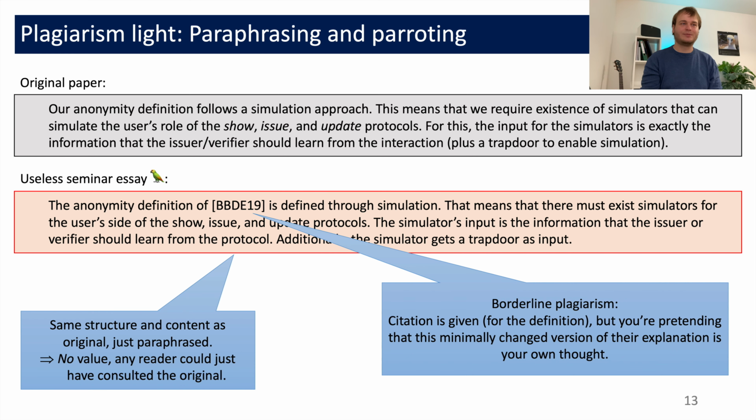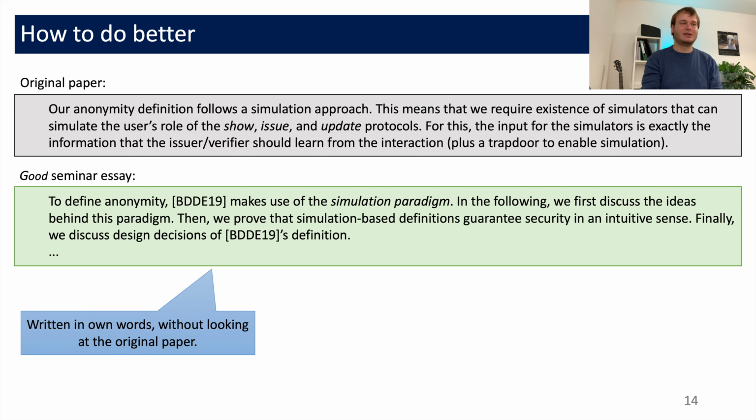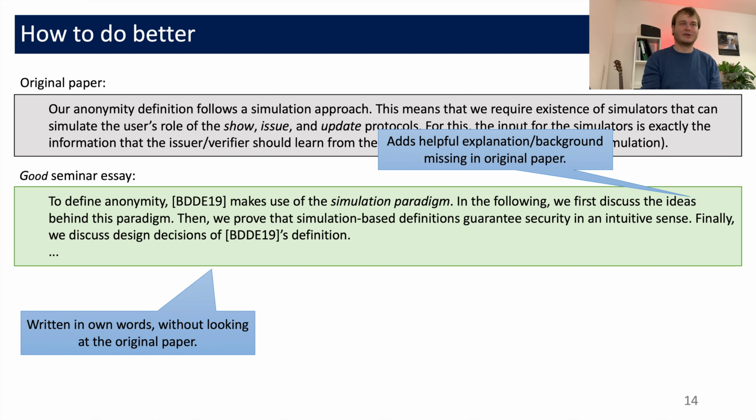So how do you do better? Well, if you write a good seminar essay, then on the one hand, you would write this in your own words. You wouldn't look at the original paper for words or sentences or structure, but you would try to explain it in your own structure and in your own way. Then you can also provide good insights or good background information.